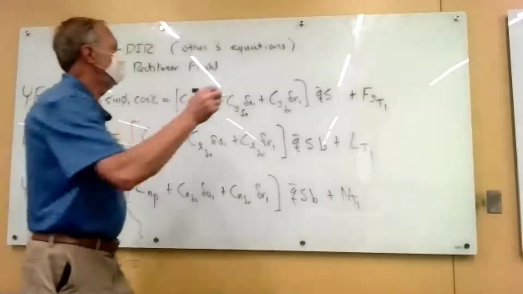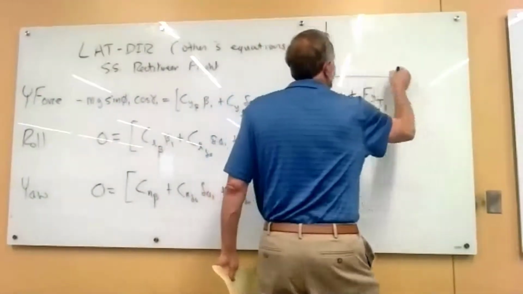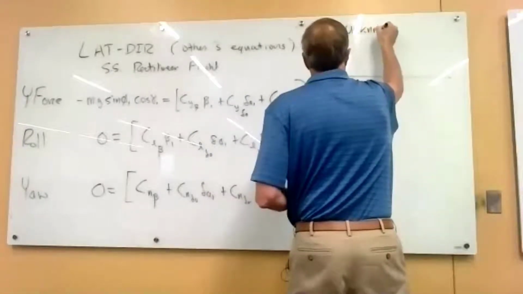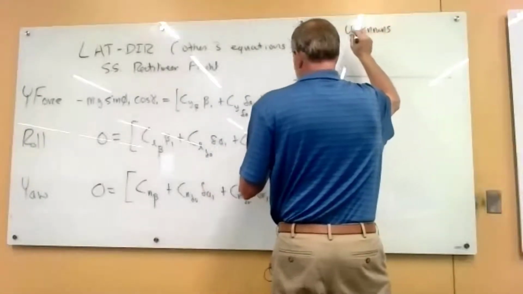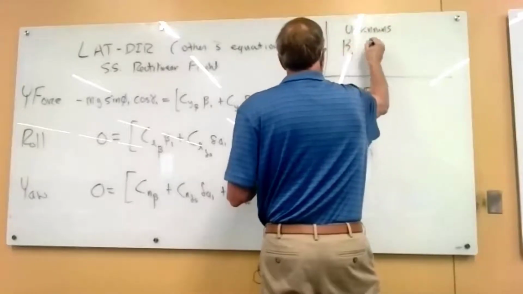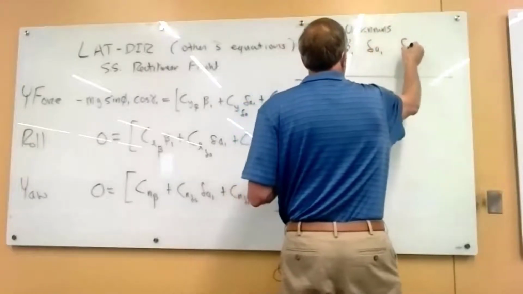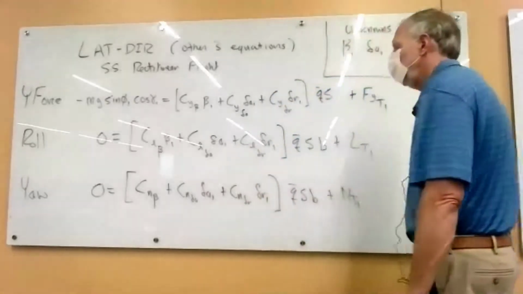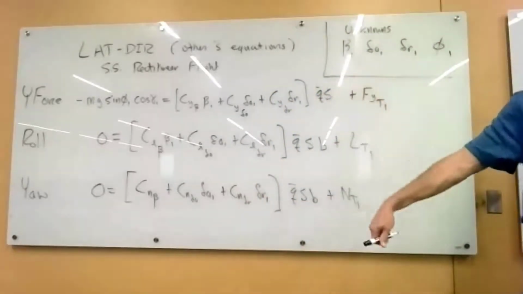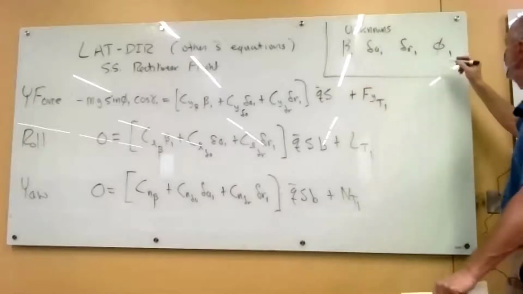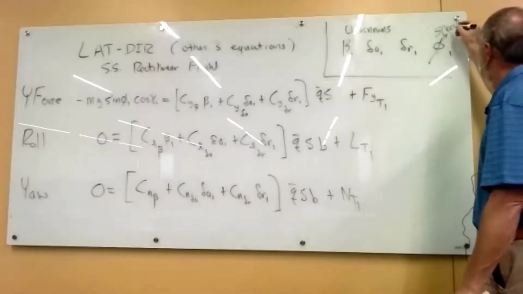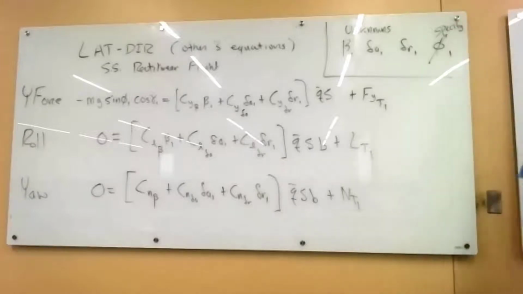And we have to decide, well, what are the unknowns? We listed these before. Beta, aileron, and rudder, and bank angle, but we already said that to split these up from longitudinal and lateral directional, we were going to specify the bank angle. So we're going to choose that.